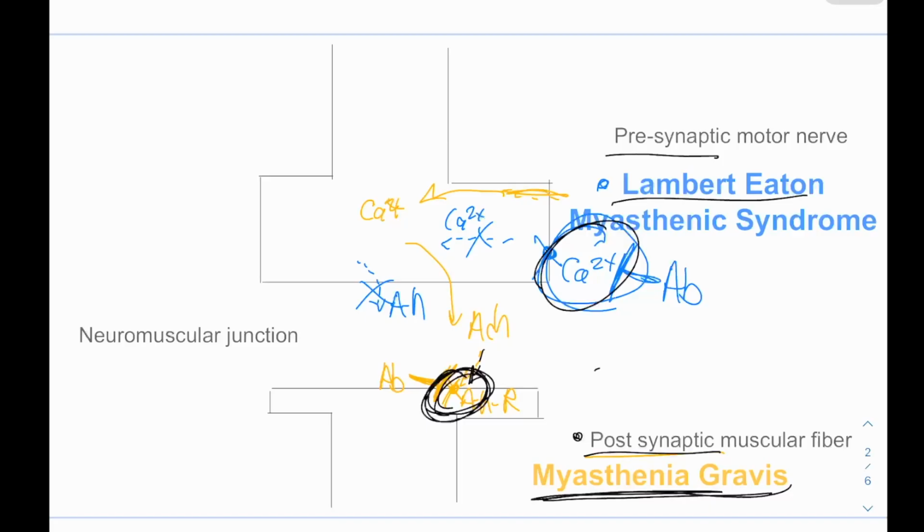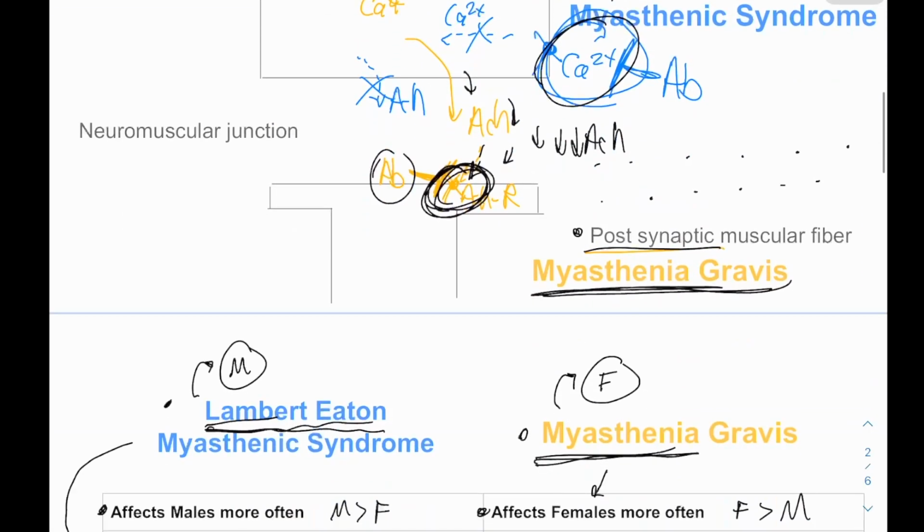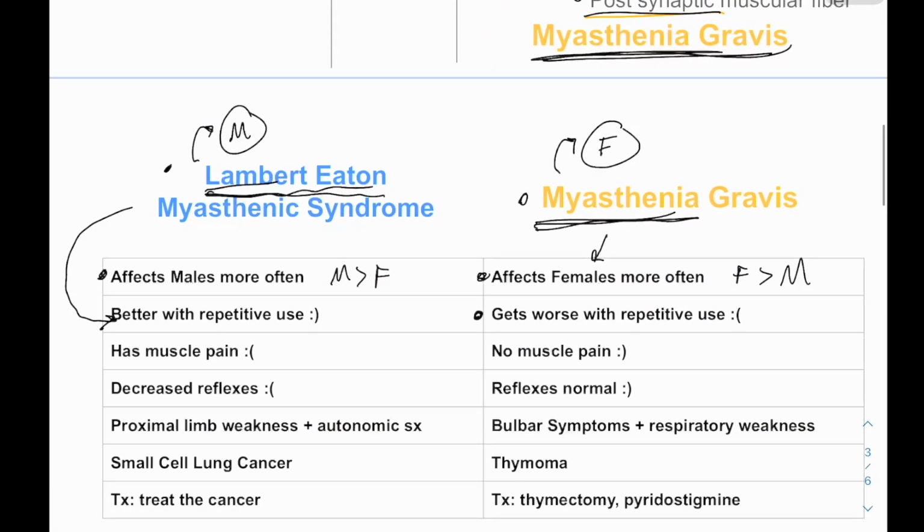Each time the muscle is activated, less and less acetylcholine is able to get into the neuromuscular junction. Because there is less and less acetylcholine, there is less and less acetylcholine to compete with the antibody. And so your muscles are just going to get weaker and weaker. So again, myasthenia gravis gets worse with repetitive use.